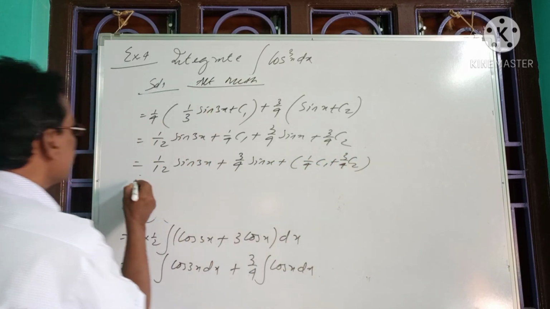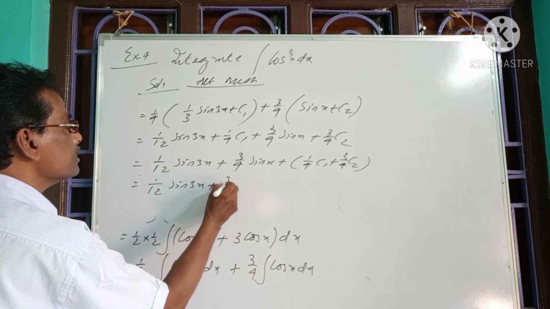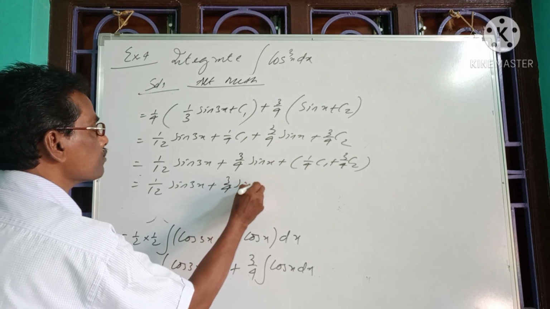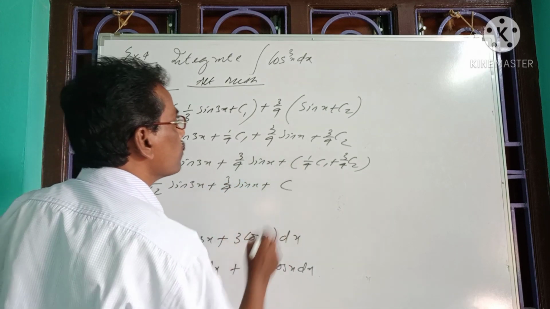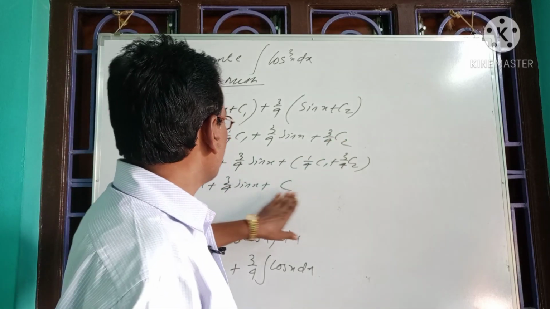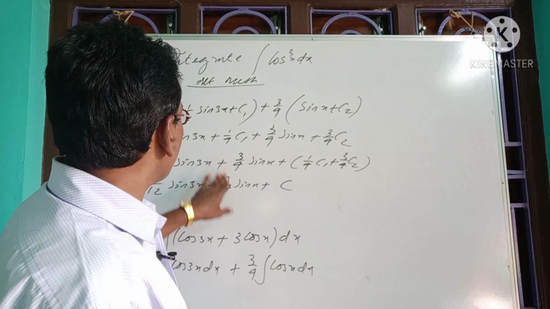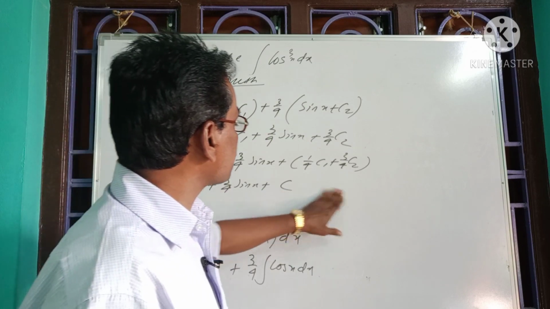So finally we have 1 by 12 into sin of 3x plus 3 by 4 into sin x plus c, in place of the constant of integration 1 by 4 c1 plus 3 by 4 c2. So now we got 1 by 12 into sin 3x plus 3 by 4 into sin x plus c, where c is the constant of integration.